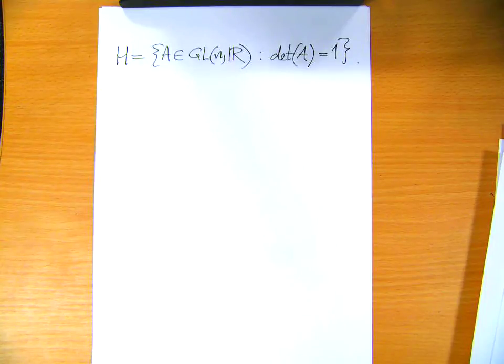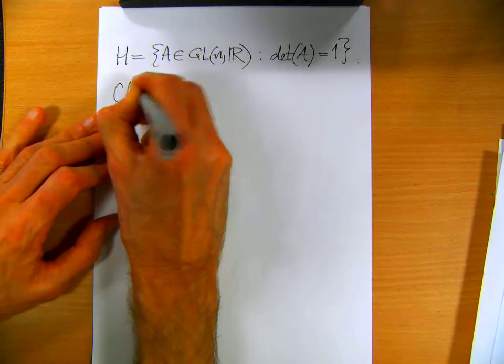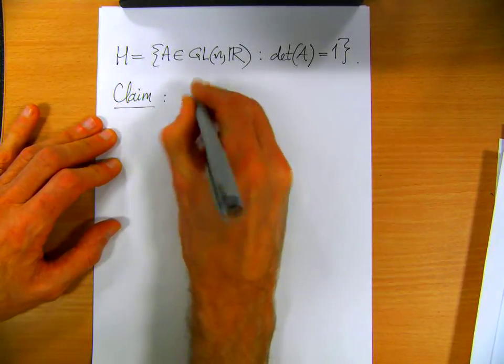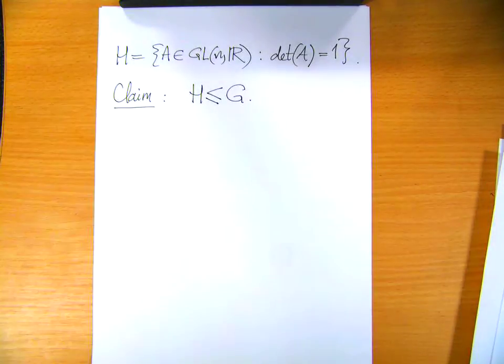Okay, so some matrices in GL_n(R) have determinant 1. And we put those all in a bag and we call that H. And the claim is that H is a subgroup of G.